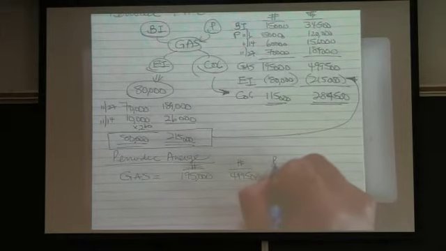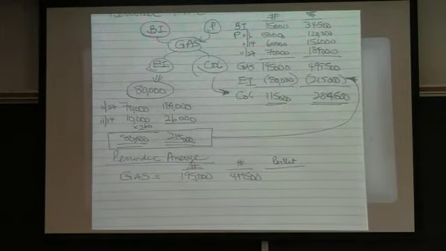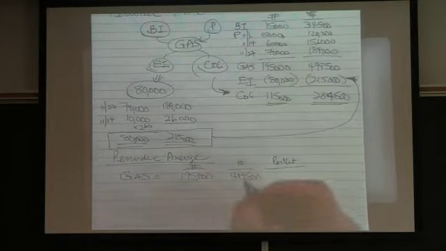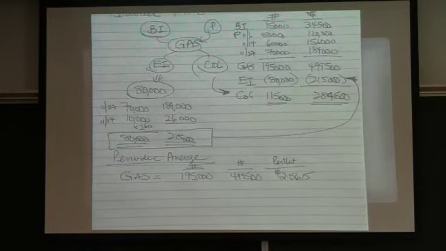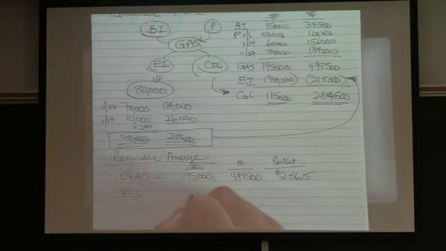The per unit cost is going to be the division, so $499,500 divided by 195,000. The per unit cost is $2.5615.